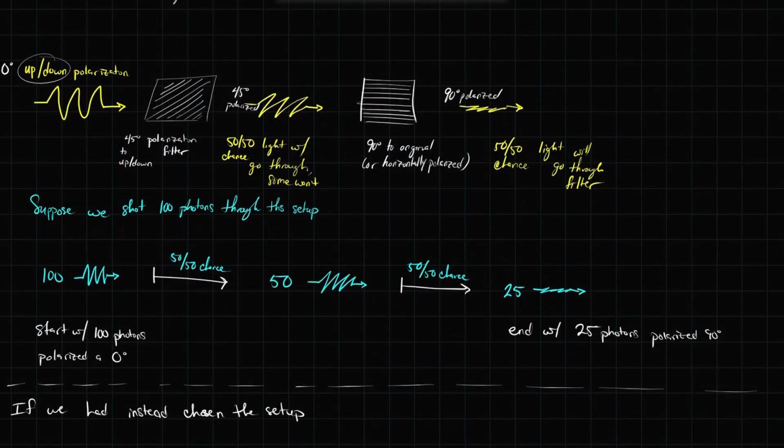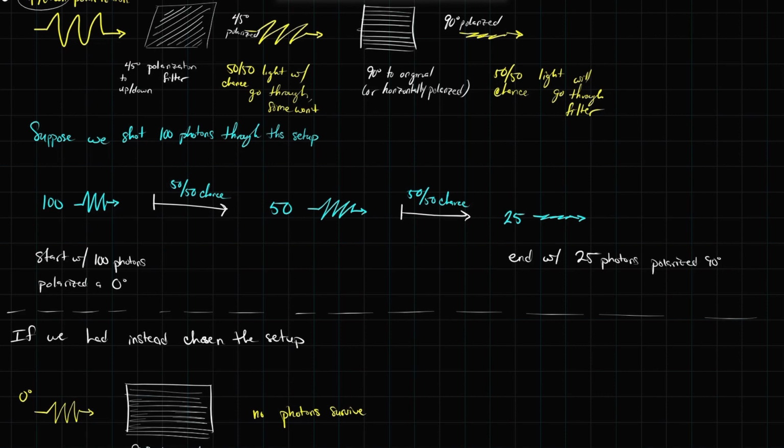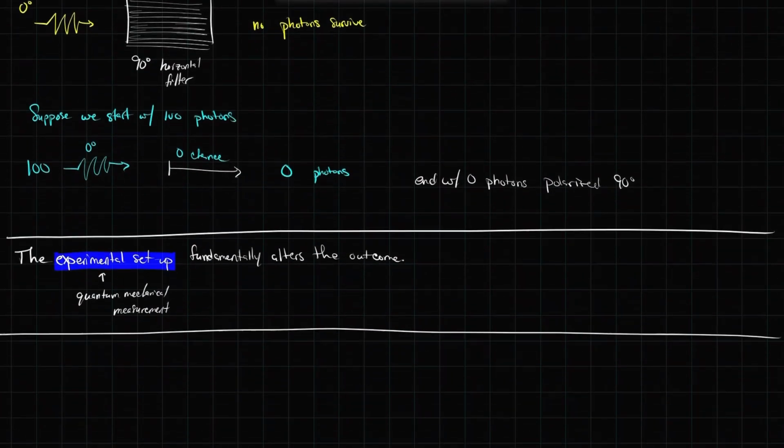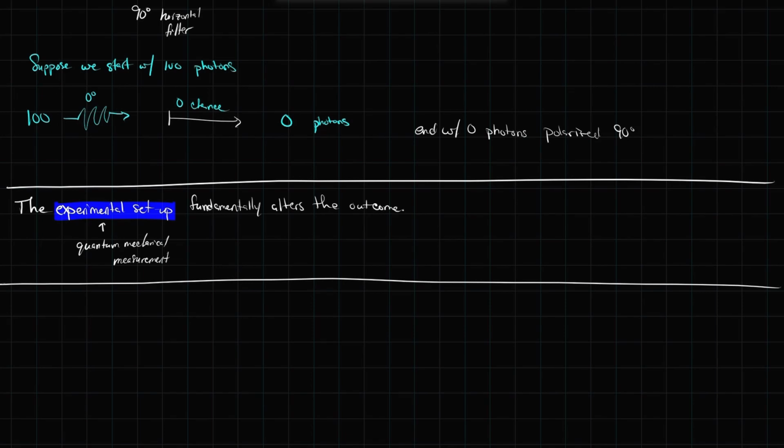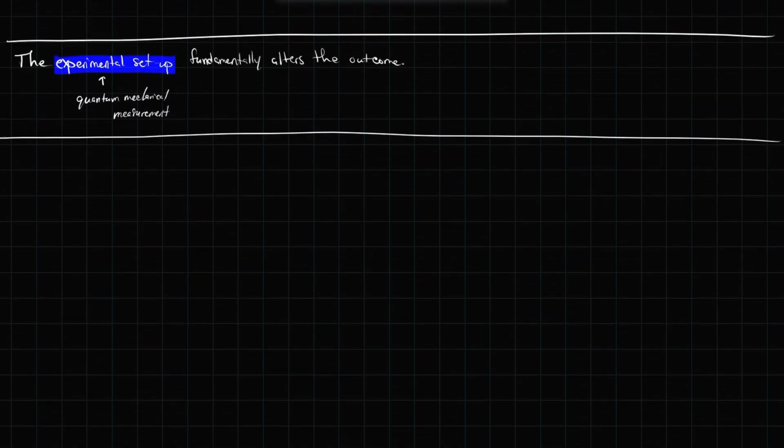Because suppose we just wanted to measure horizontally polarized light, it just depends on if we put a 45-degree filter in the middle or not. And that's totally up to us to decide whether or not we're going to put it there. We're going to obtain a different answer in an experiment depending on how we set up the experiment. So what happens in quantum mechanics is we need to develop postulates which help us still make sense of the outcomes of experiments where our setups can fundamentally alter the measurements we receive.